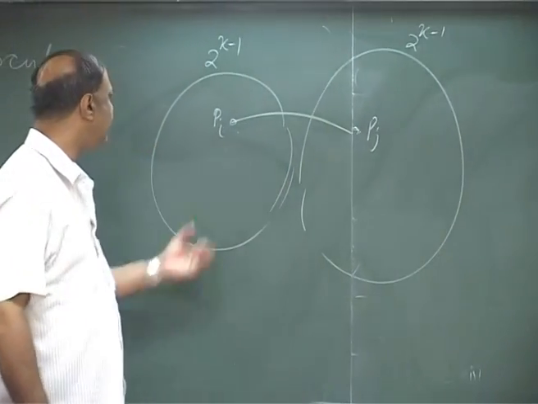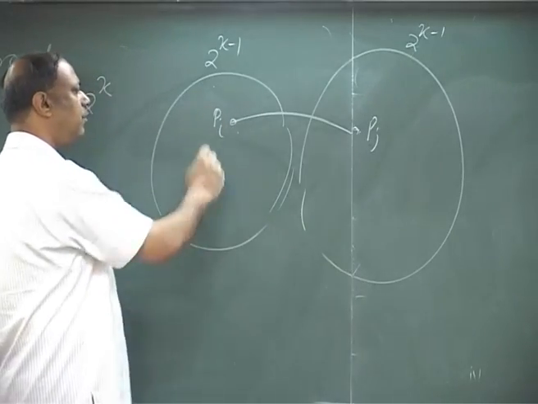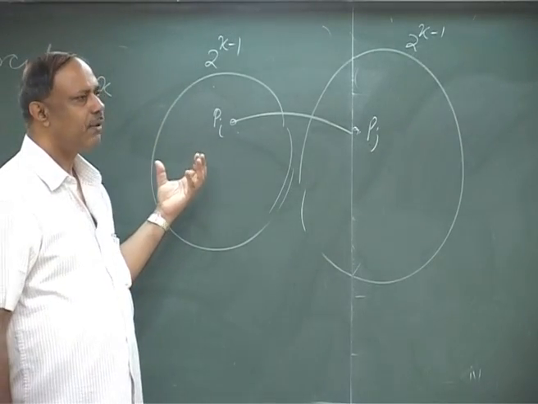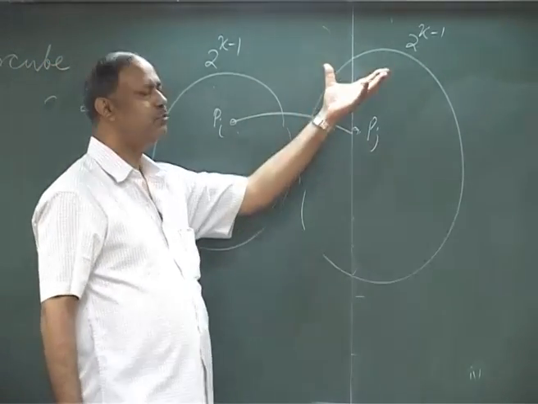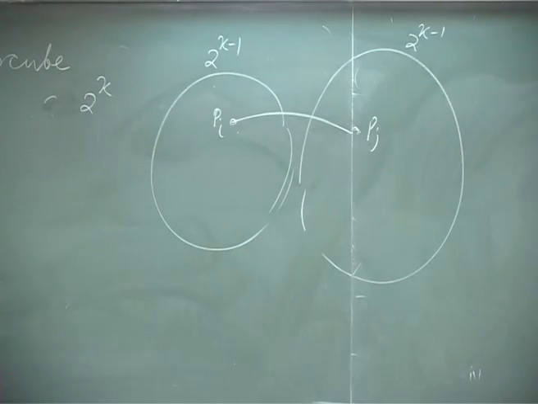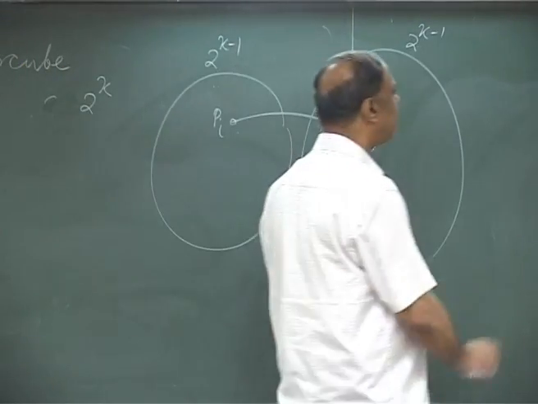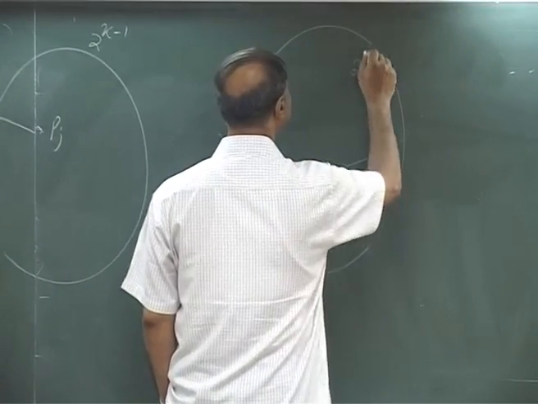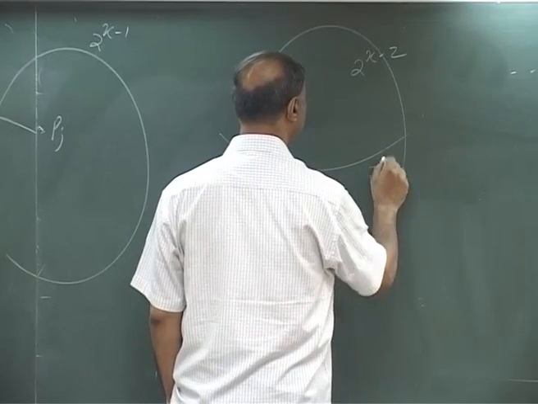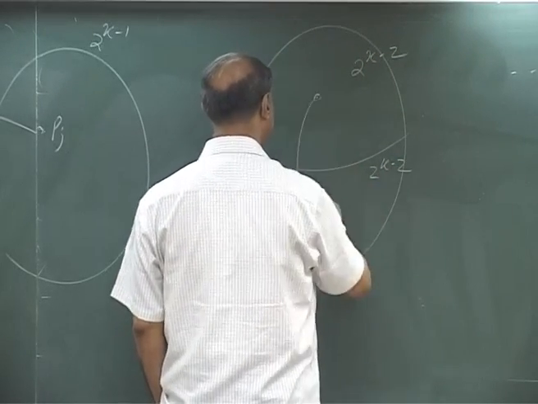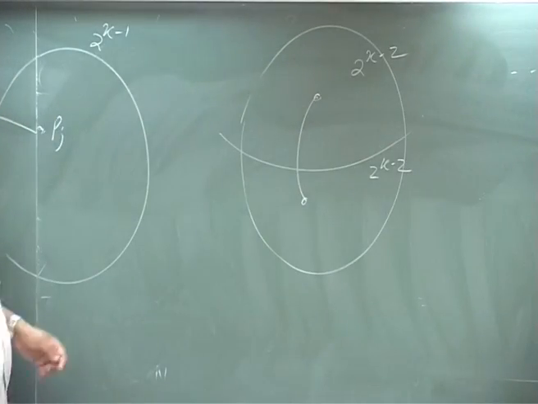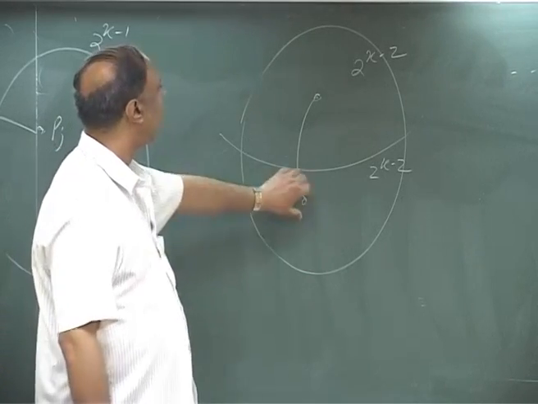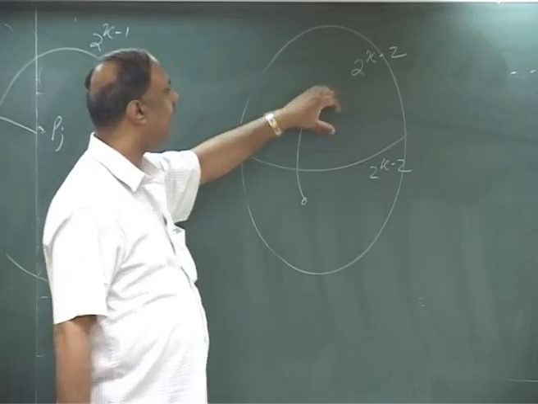Similarly, for all Pi's of this zone, I get the data from its counterpart and add it, and then the dimension is reduced from 2 to the power k to 2 to the power k minus 1, and now you have a hypercube of size 2 to the power k minus 1. This you divide into two parts, each of size 2 to the power k minus 2, and again there exists the connection between Pi and Pj whose second MSB is different, and again this data moves up and is added.